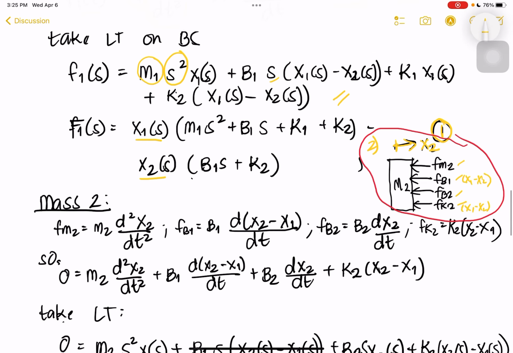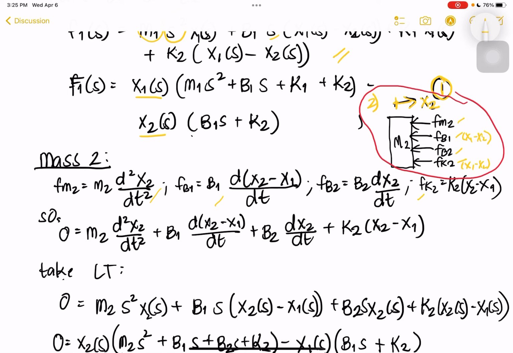So the forces involved are Fm2, that's m2 d squared x2 over dt squared. Fb1 is equal to b1 d of x2 minus x1 over dt. Fb2 is simply b2 dx2 over dt. And then lastly, Fk2. Since we don't have any applied force here, we will just equate the equation to 0.